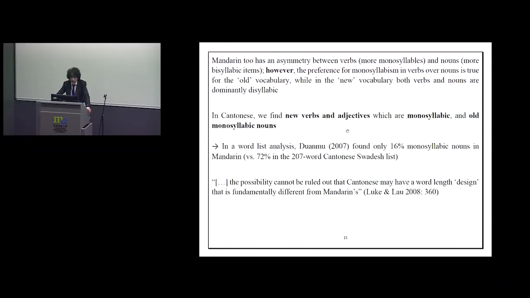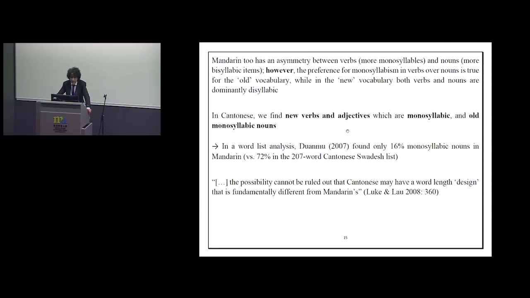Mandarin too has an asymmetry between verbs, which are more monosyllabic, and nouns, where you find more disyllabic items. However, the preference for monosyllabic items in verbs over nouns in Mandarin is true just for the old vocabulary, or what they inherited. But if you look at neologisms, any word class, verbs and nouns, are dominantly disyllabic.